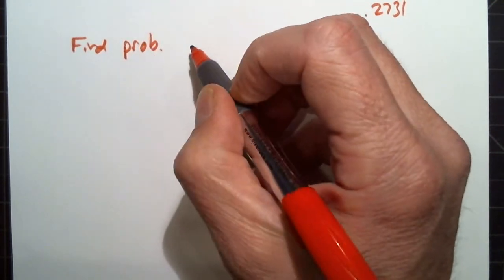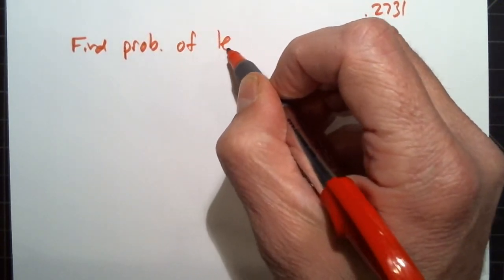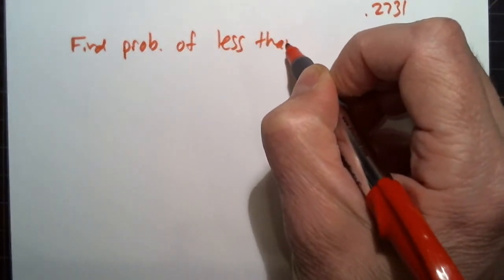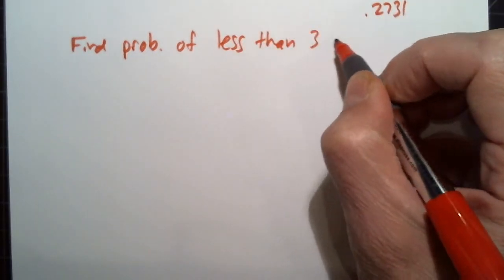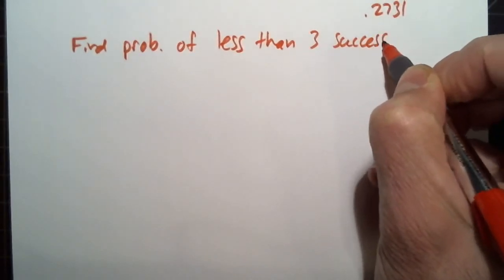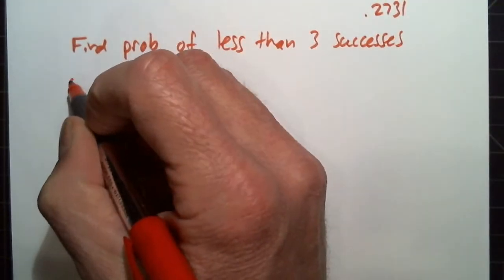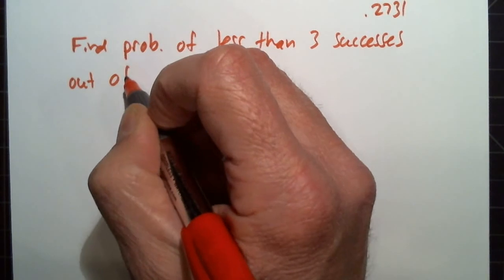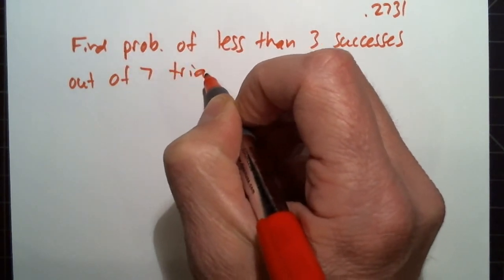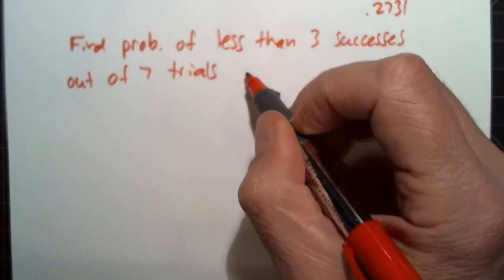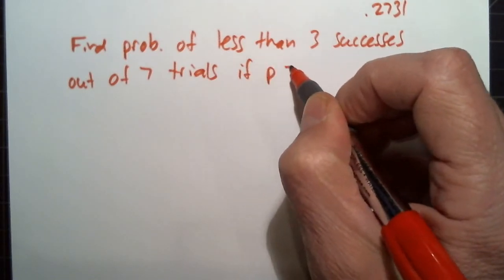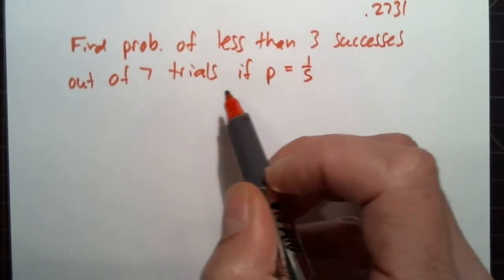Find the probability of less than 3 successes out of 7 trials if the probability of success is 1/5.